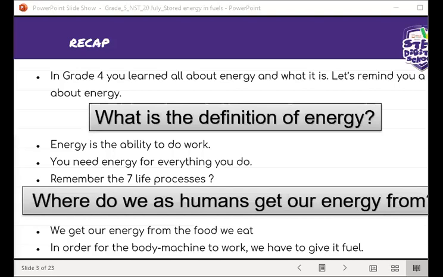Okay, so Faith, we are doing energy and change. Oh, ma'am, so it's a recap from yesterday? No, this is just recap from grade 4. So you can just turn in your textbook to energy and change, and we are looking at stored energy in fuels. Okay. Thank you, ma'am.